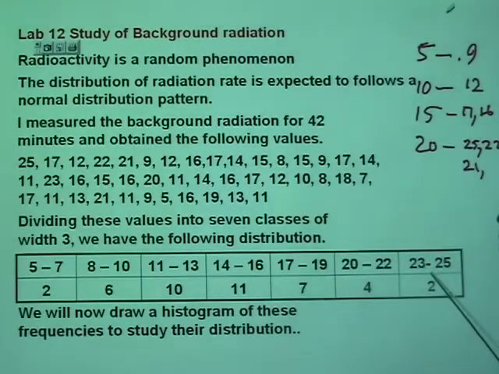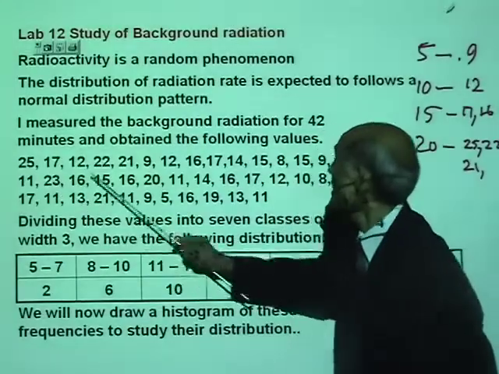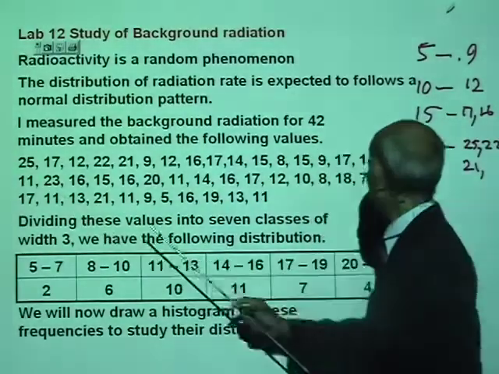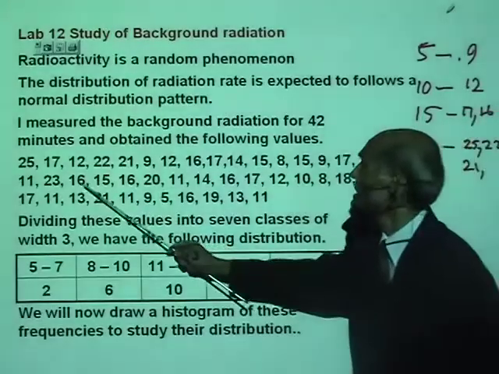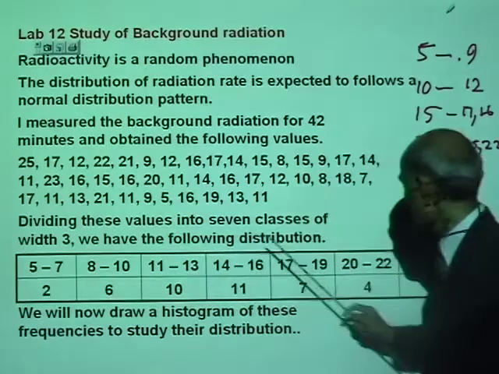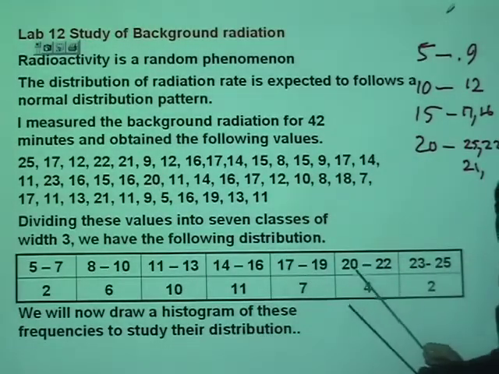And 23 to 25, there were 2. There is a 25 there, and there is a 23. So there are 2 between 23 and 25.